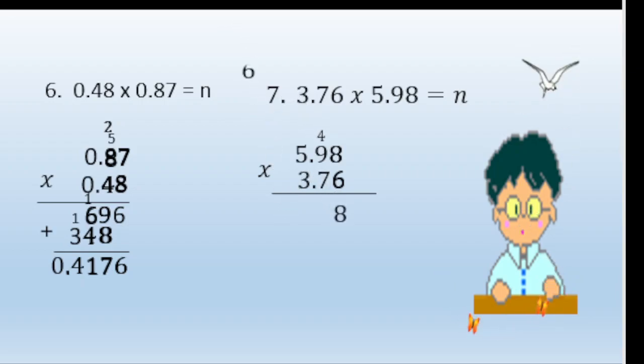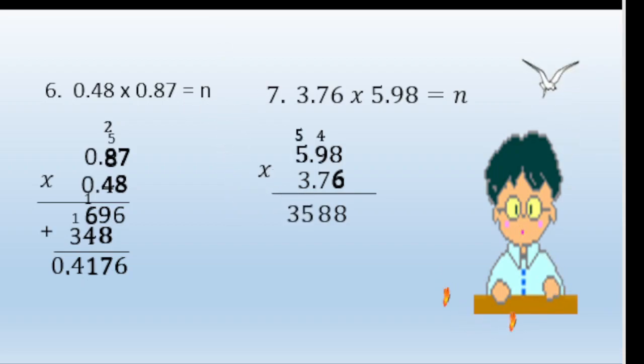And then 6 times 9 is 54 plus 4 is 58, carry 5. Then 5 times 6 is 30 plus 5 is 35.